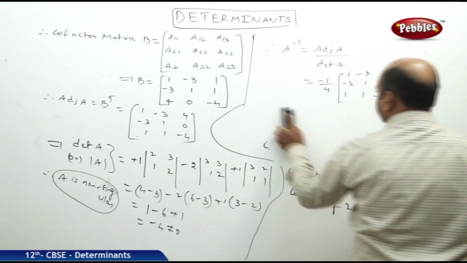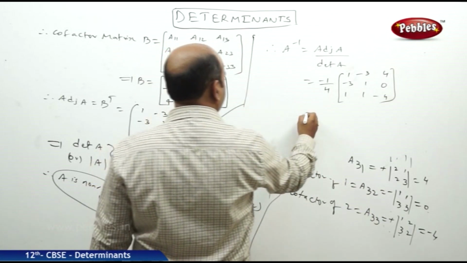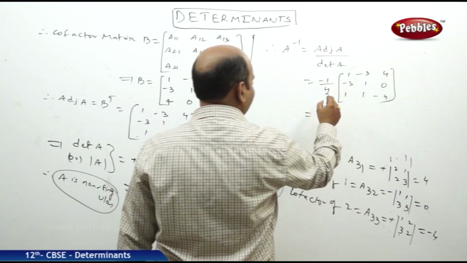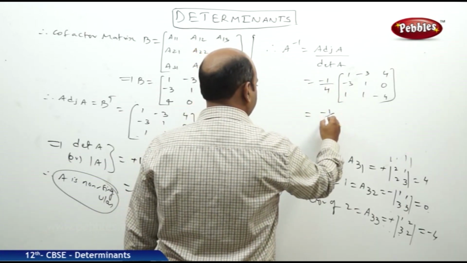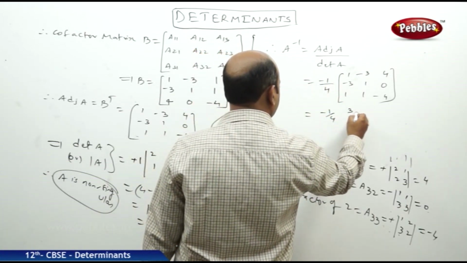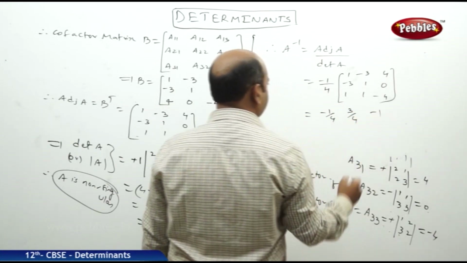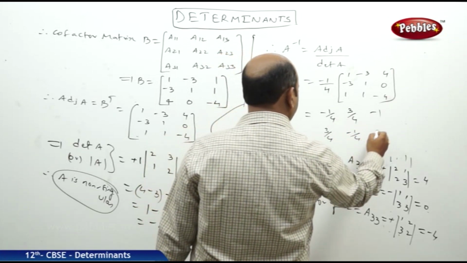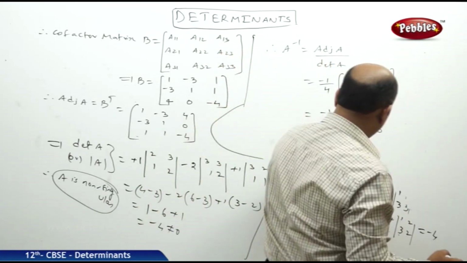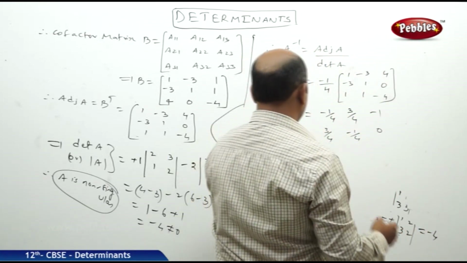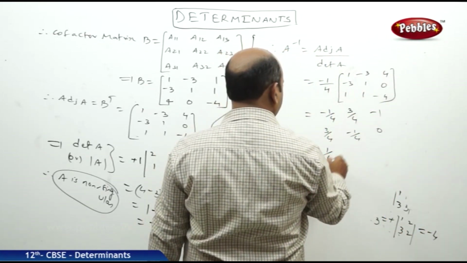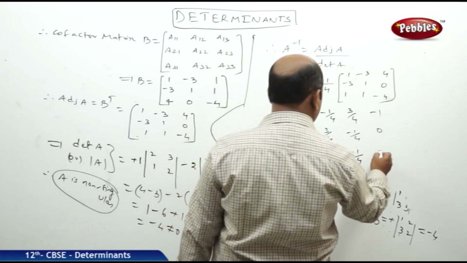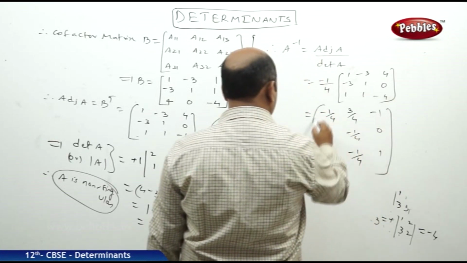So finally, if you could observe carefully, A inverse is minus 1 by 4 into the whole thing, but this is a scalar. This scalar can be taken inside, so it becomes minus 1 by 4, 3 by 4, minus 1; then 3 by 4, minus 1 by 4, 0; after this, 1 by 4, minus 1 by 4, and this becomes 1.